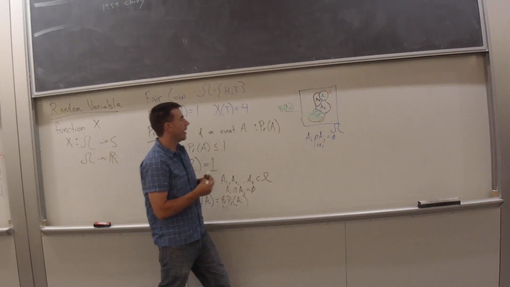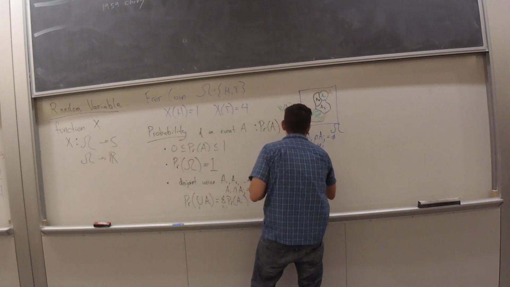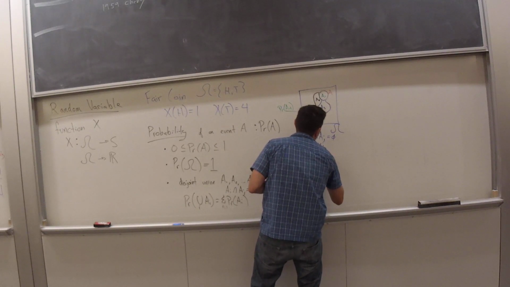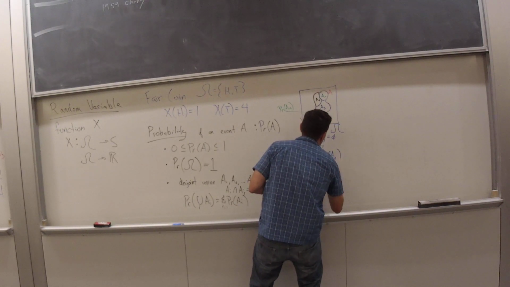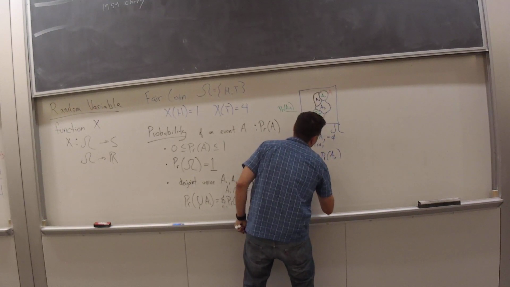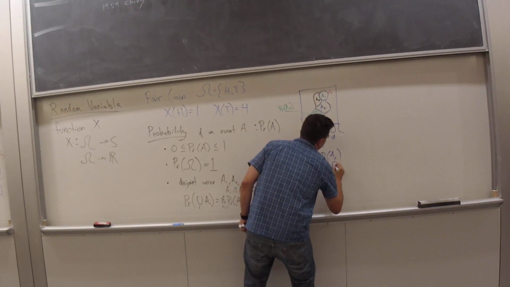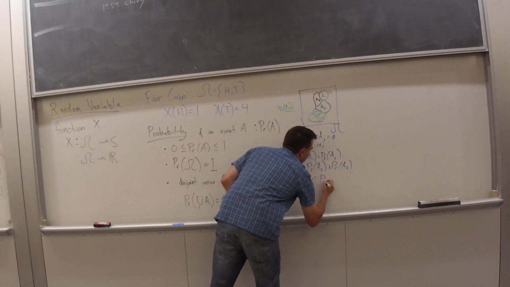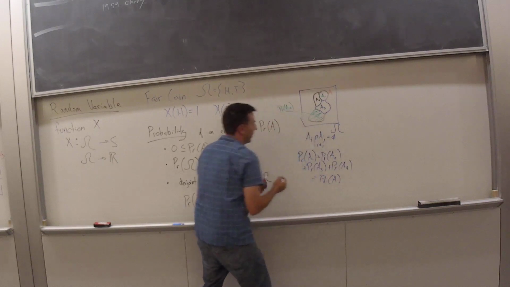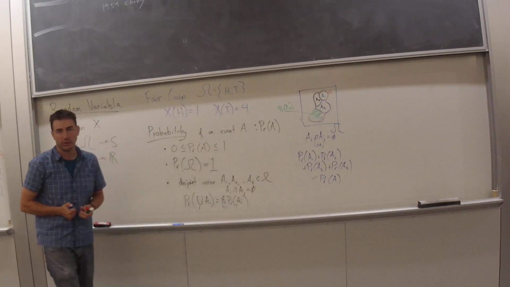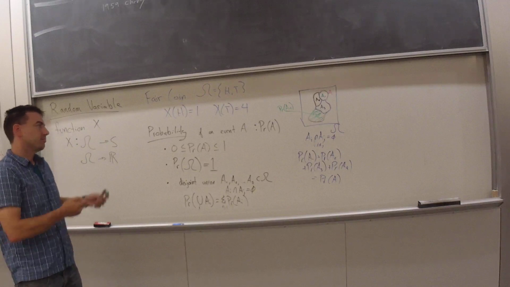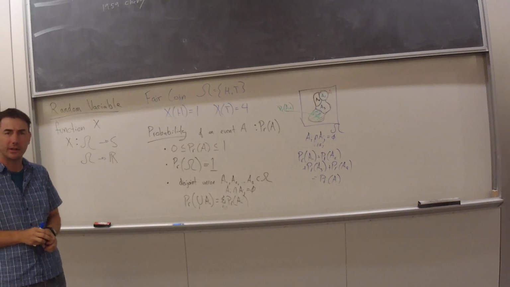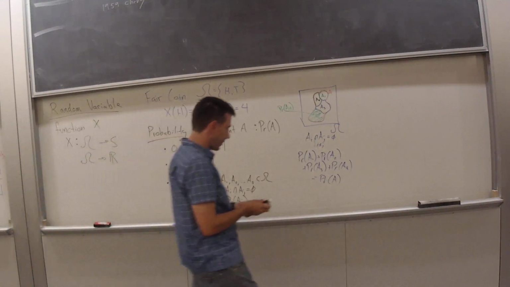And so if I sum up these probabilities, the probability of A1 plus A2 plus A3 plus A4 is going to be equal to the probability of A, which is a union of these four things. Pictorially, this is the way I think about it.